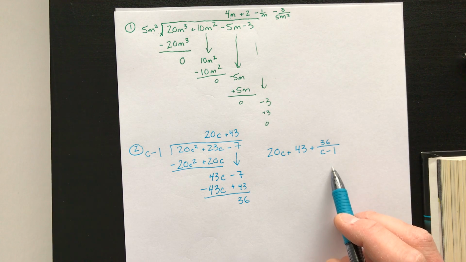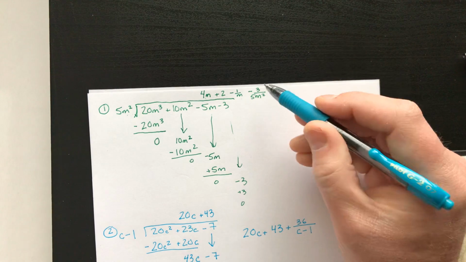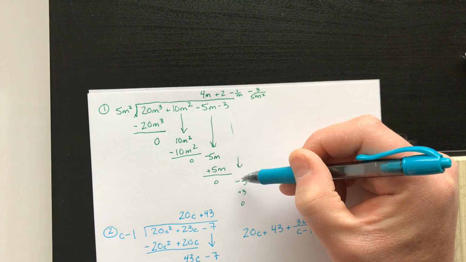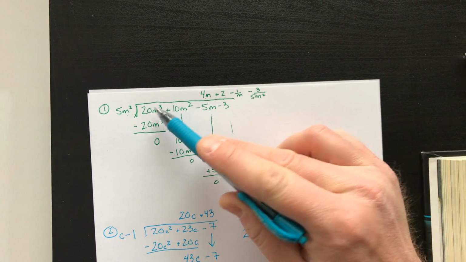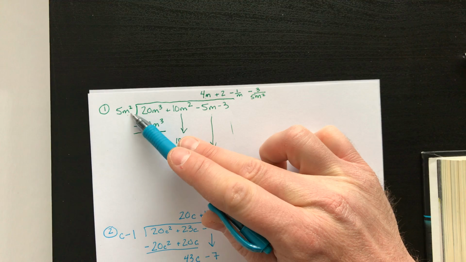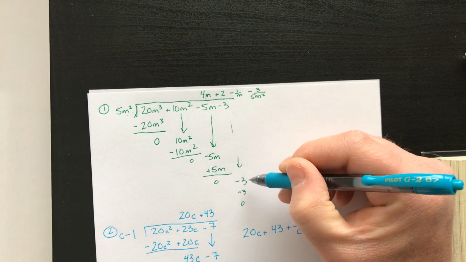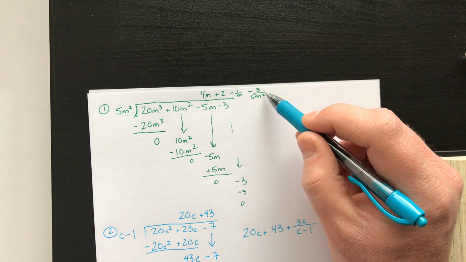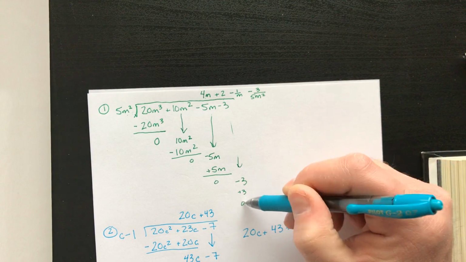So the trick here is, and that's kind of what happened up here as well, whenever you have a remainder, negative 3, all right, you just put it over whatever the original divisor here is, okay? And I just showed you, if I were to multiply this negative 3 over 5m squared times 5m squared, we're just going to end up with a negative 3, which will get us to 0.